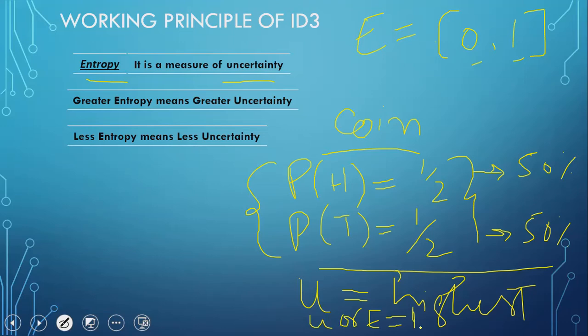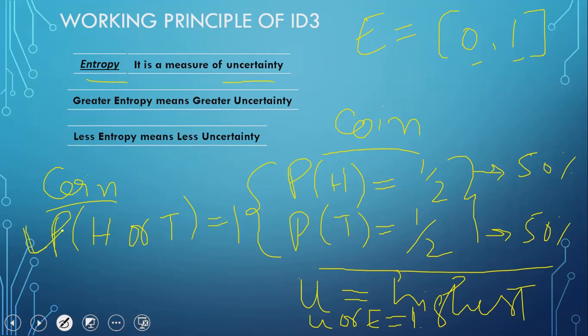There is another extreme case. For example, upon tossing a coin, what is the probability of getting a head or getting a tail? Its probability will be equal to 1. That means this is a sure event. In the sure event, we have the probability of 1. That means we are 100% sure that this event will occur.